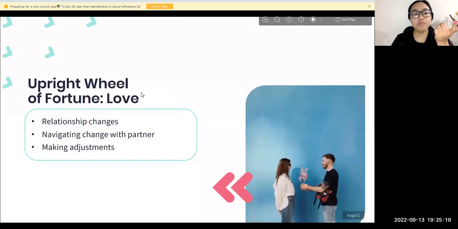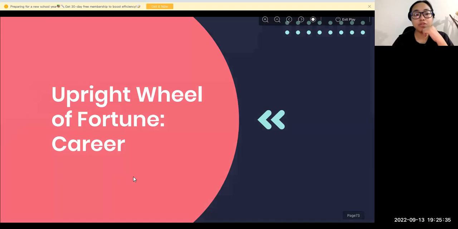So if the Wheel of Fortune comes in a love reading, it means relationship changes, navigation changes with the partner, and adjustment is required in your life. That means you might need to look at different spaces in your life where you need to take care of yourself.